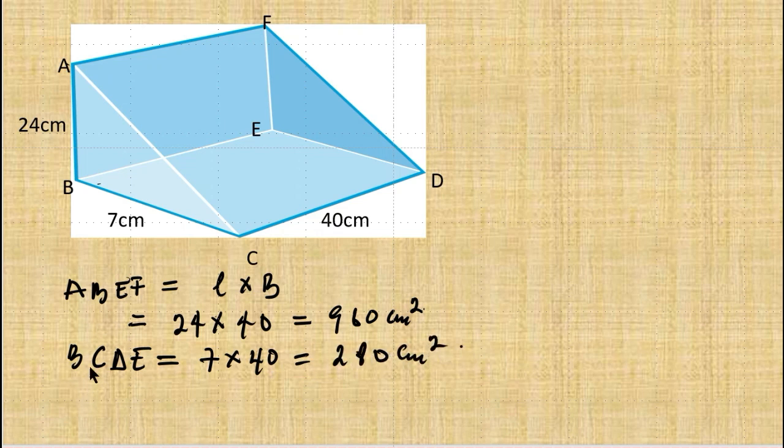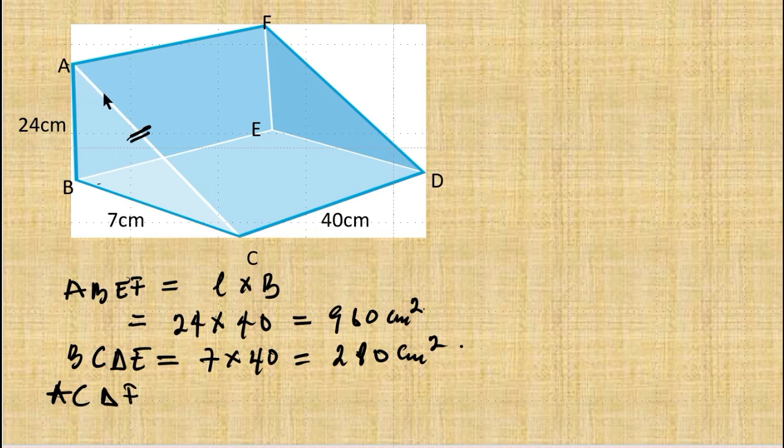And lastly, the third rectangle we have to work on is rectangle ACDF. Uniquely for this rectangle, this side has not been given. That's AC. Now we have to calculate AC.